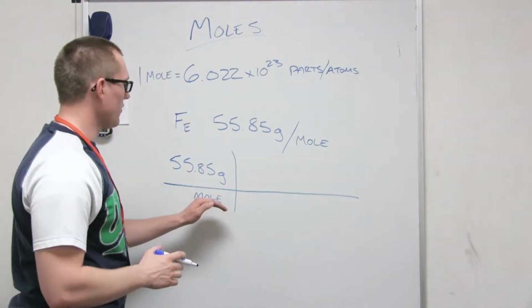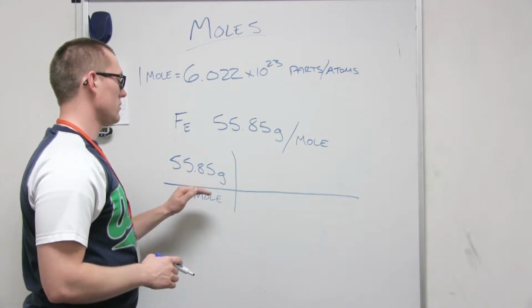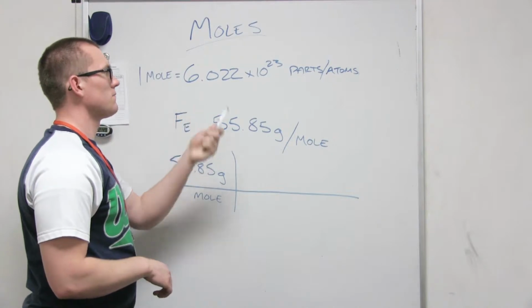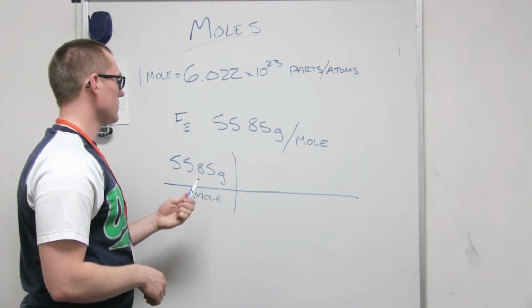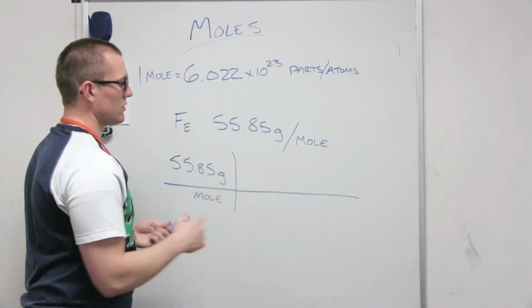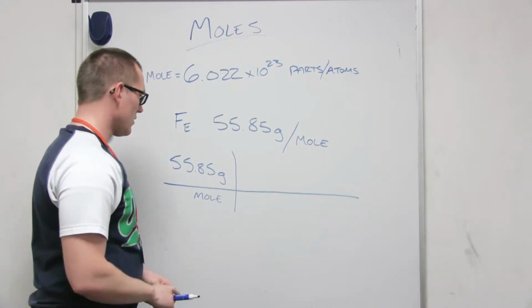And so we want to get from grams per mole to how many atoms are in it. We want to convert this many grams into moles. Does that make any sense?